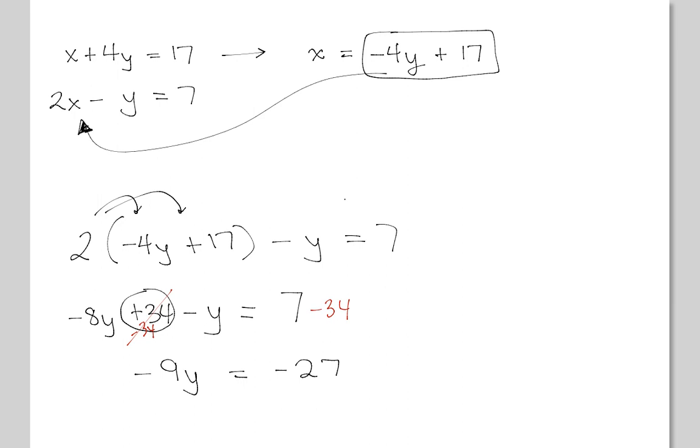Okay, so now you have a negative number, 9, times by a variable, and get negative 27. So what does y have to be, positive or negative? Y has to be positive, because it's a negative times a positive to give you a negative. So what is 9 times what gives you 27? Okay, so y is 3.